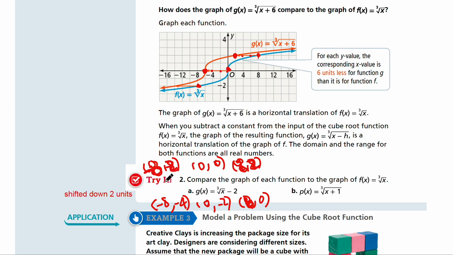The original points are this for the parent function, but for the new function, if you plug it in, you have 0, and then you have plus 1. Oh, okay. So 0, cube root of 1, which is 1. And then cube root of 9, that's just cube root of 9, right? And then negative 8, and you have cube root of negative 8.